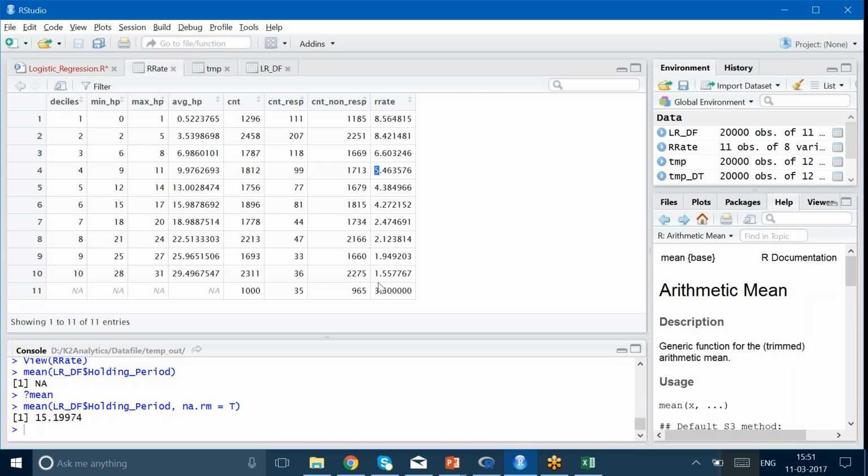Now, what is the success rate in cases where holding period is not available? 3.5. Let us take one scenario. I'll say any customers whose holding period is not known to me, that customer's holding period is actually 0.